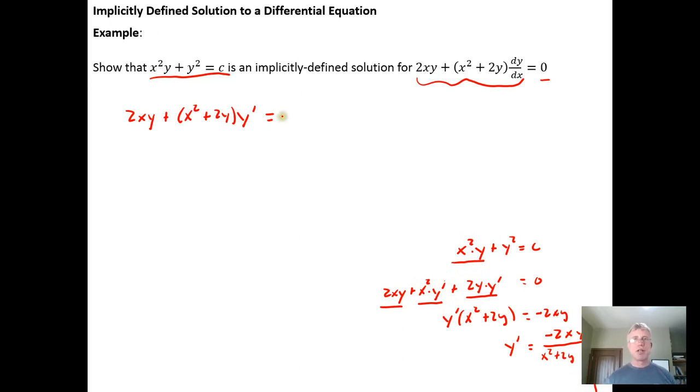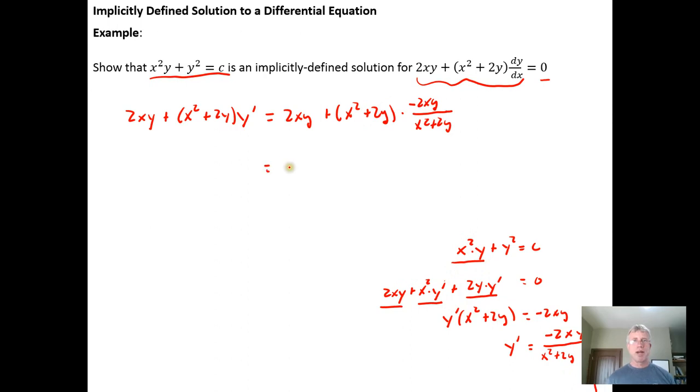And so we'll step up here, and I won't worry about trying to solve this for y. So I'll just take my 2xy right here, plus x squared plus twice y times y prime, but replace y prime with this right here. So replace y prime with the negative 2xy over the x squared plus 2y.